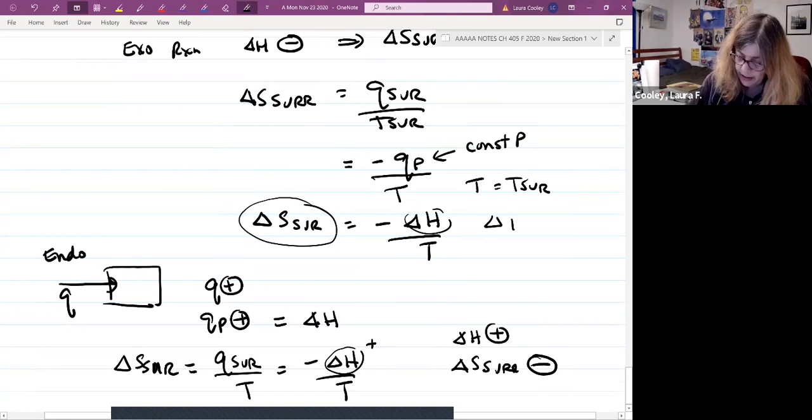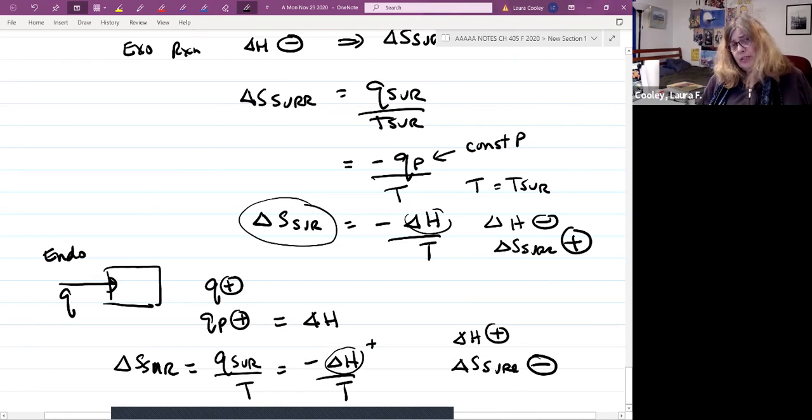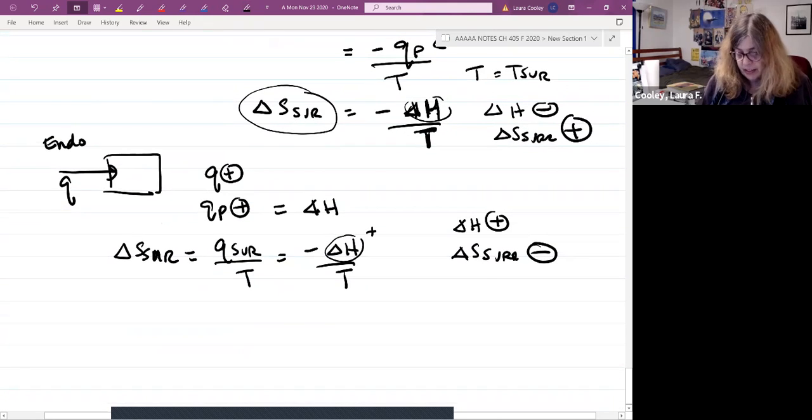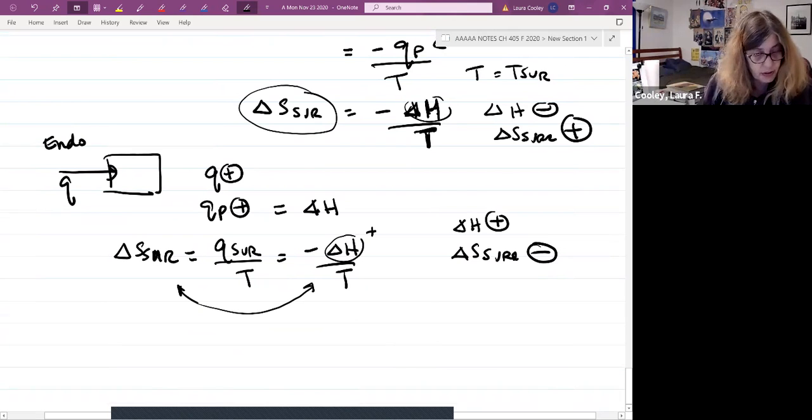Here we had delta H negative, delta S surroundings positive. But not only are they opposite signs, there's a very specific relationship between delta H and T that gets you to delta S surroundings, and it's the same regardless of whether the reaction is exothermic or endothermic.